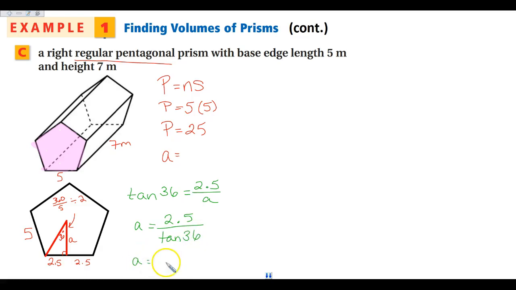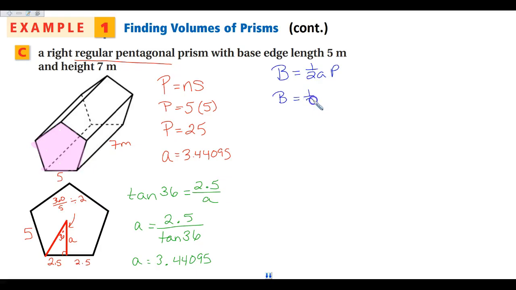When you put that in your calculator, you're going to get 3.44095. Remember, do not take that out of your calculator. Now that I have my apothem, which is this 3.44095, I can find the area of my base. The area of my base is going to be my 1/2 AP formula.